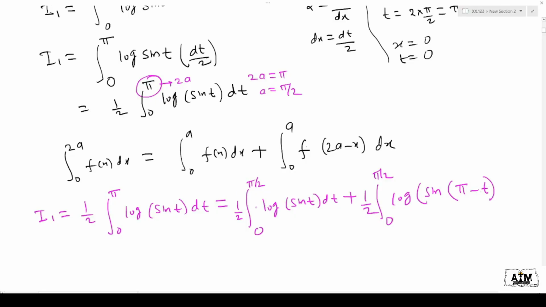So applying the above property, 1 by 2 integration 0 to pi by 2 log of sin t with respect to t plus half integral 0 to pi by 2 log of sin of pi minus t, because 2a minus x, where a is pi by 2, minus x, in place of x here is t, so the 2 gets cancelled and that equals pi minus t. Therefore log of sin of pi minus t with respect to t.